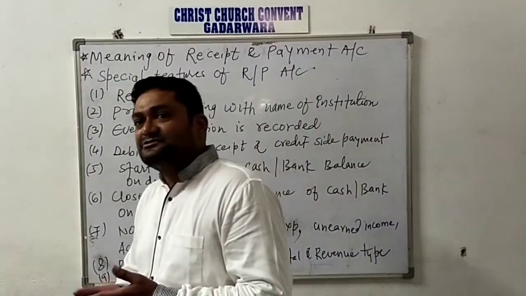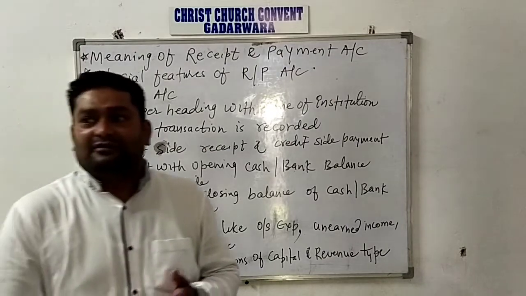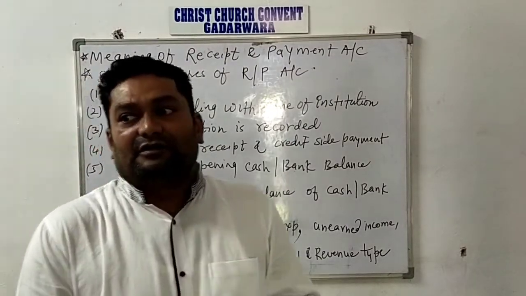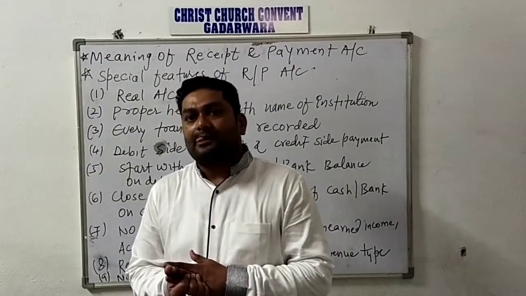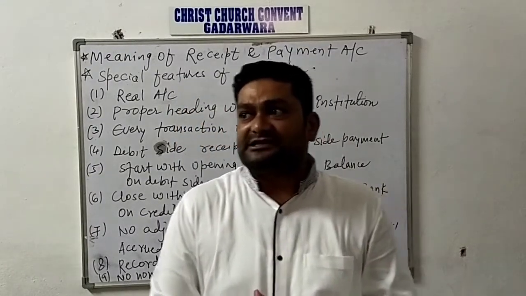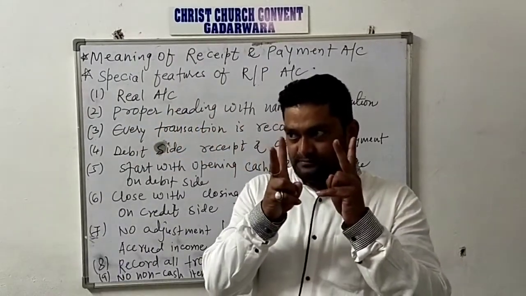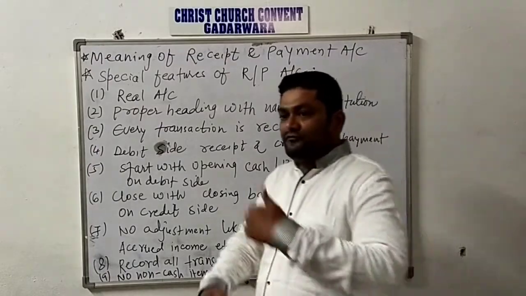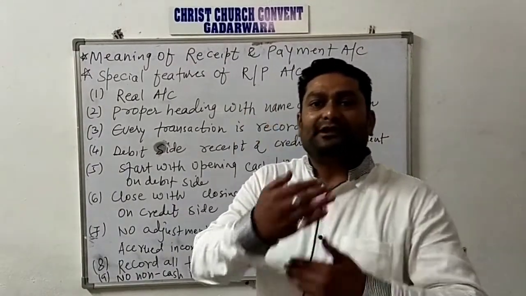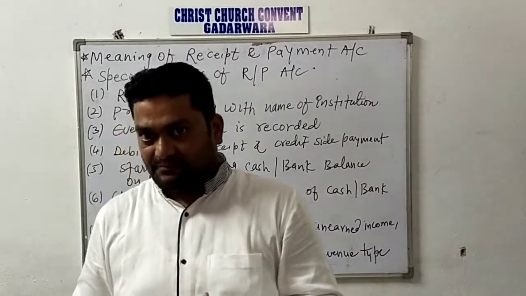Capital nature items are those which are made in lump sum and made for capitalization. Capitalization means money spent on assets and liabilities too. Understand? And revenue items occur at regular periods of interval, which happen again and again.